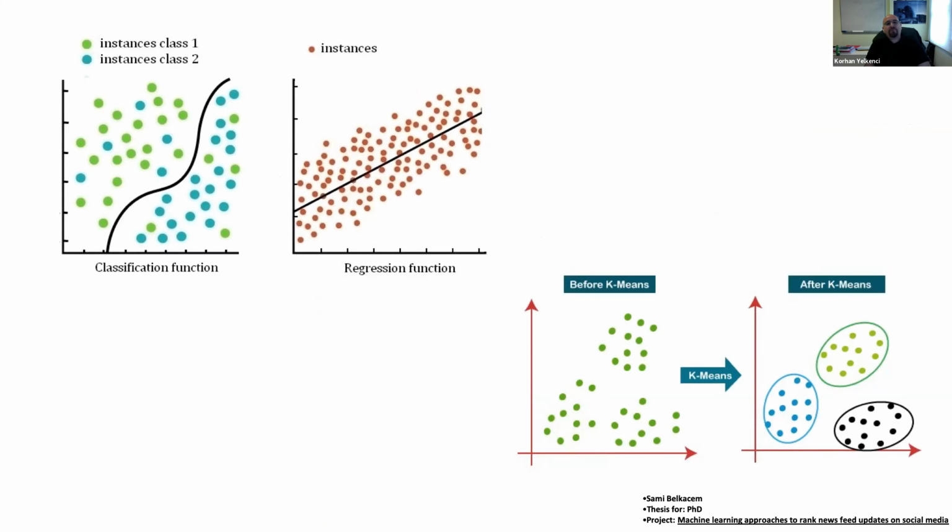On the left side, with the classification function, you can classify two classes from a probability point of view. Then there is regression as a linear function, so you can find the path as a linear function. And then there is the clustering part on the right side.